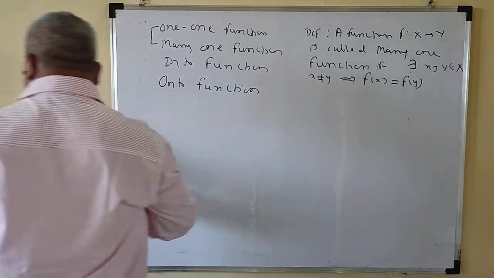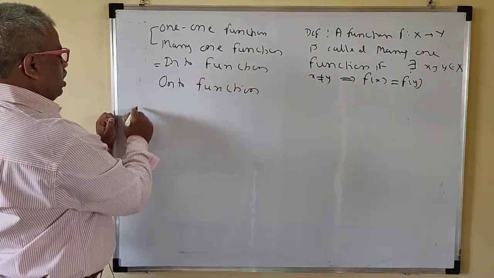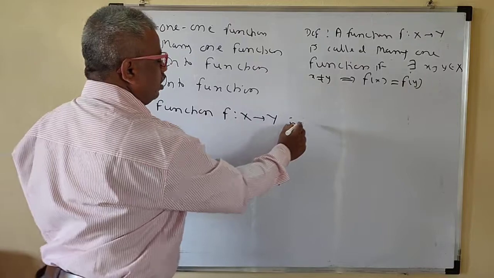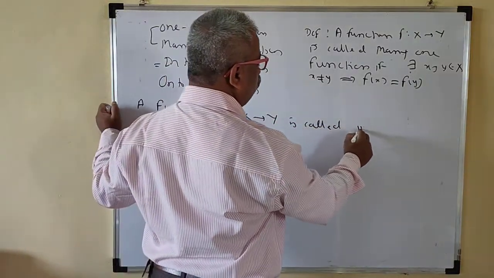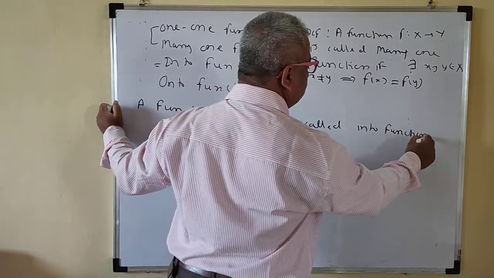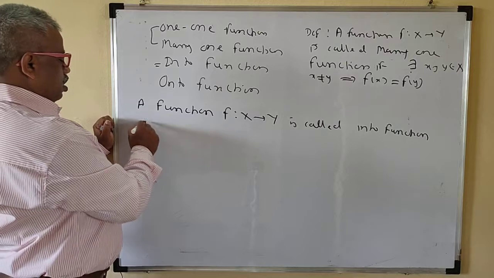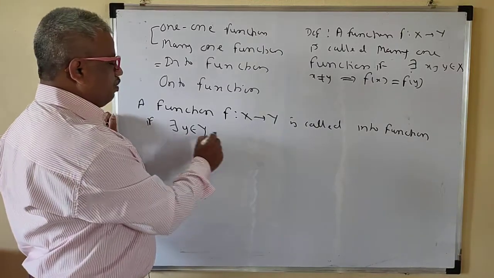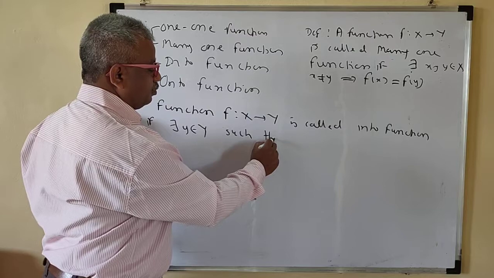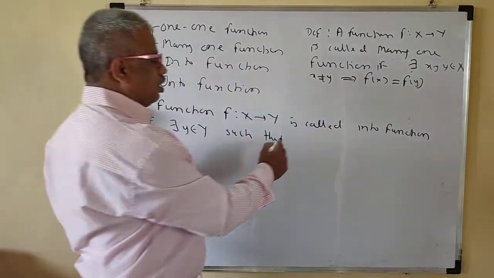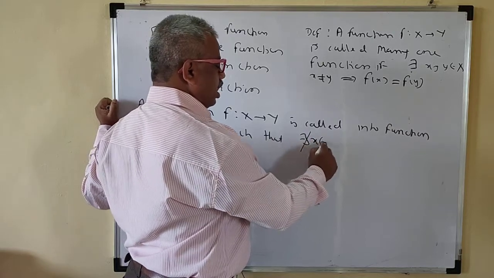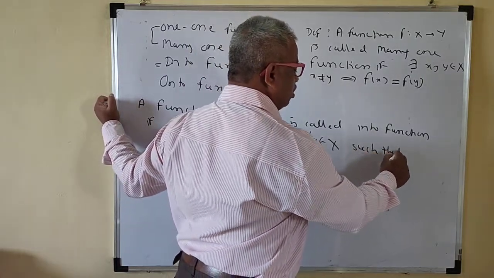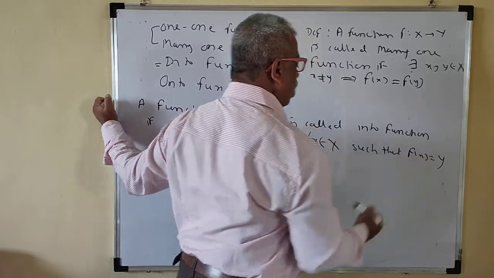So, into function and onto function. We define this: a function f from X to Y is called an into function if there exists y belongs to Y such that there does not exist x belongs to X such that f of x is equal to y.